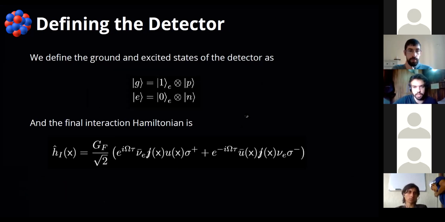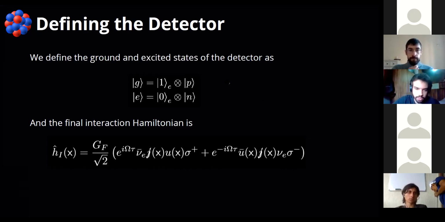You just define the ground state to be the state that contains the one electron involved in the process with its average energy, and one proton, the one proton involved in the process, and the excited state would be the no electron state and the neutron. So if you want to talk about the decay of the neutron to the proton and electron, then this would be going from excited, which is neutron and no electron, to ground, which is one electron state and the proton associated to this process.